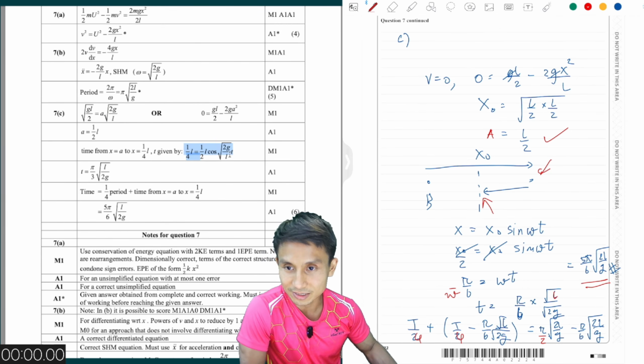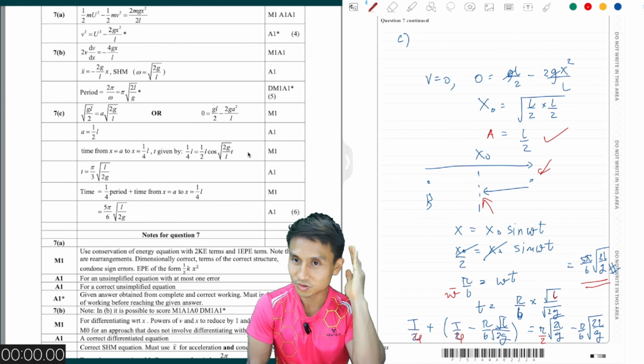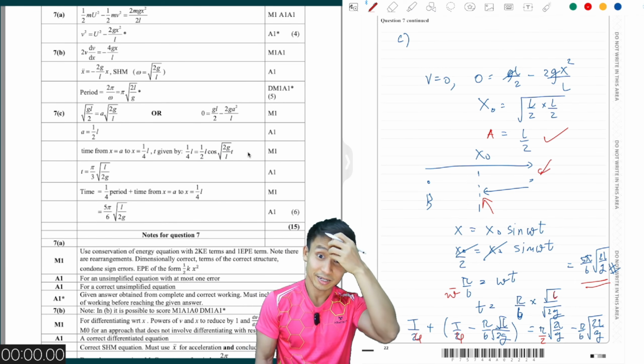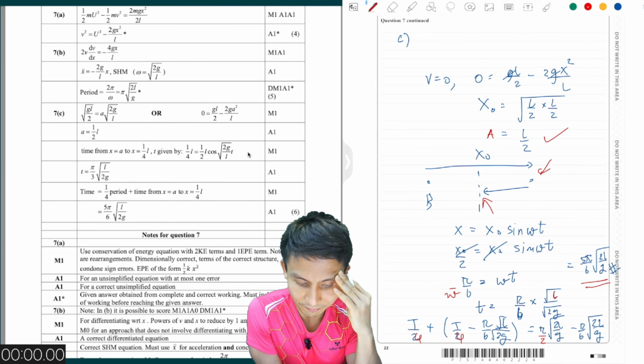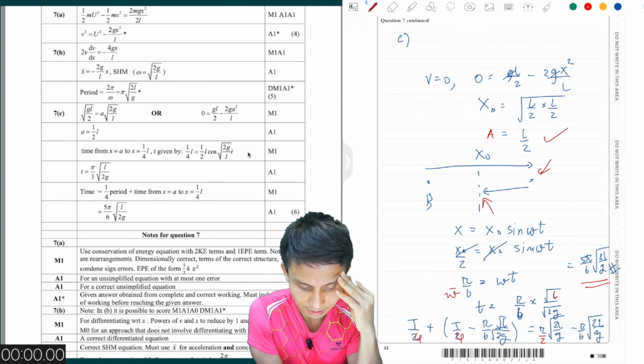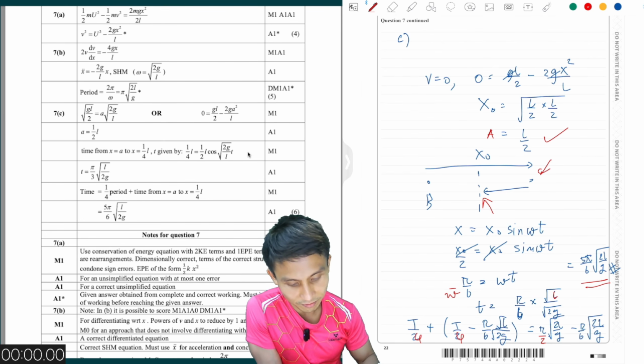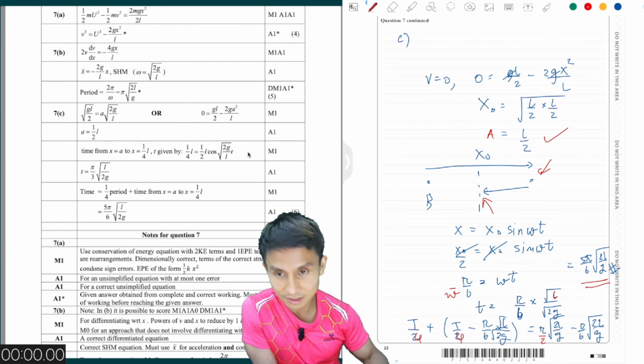So they get that. I didn't do that. I just did from equilibrium to that point instead, which should have been fine as long as I got it right. I think this would have been fine if I used it correctly.